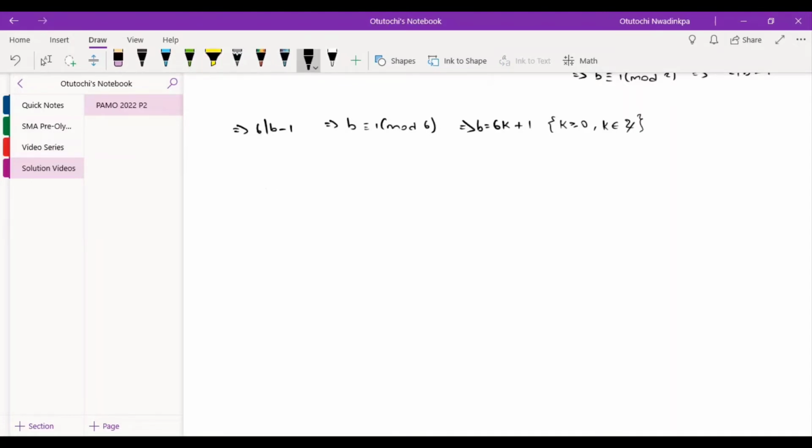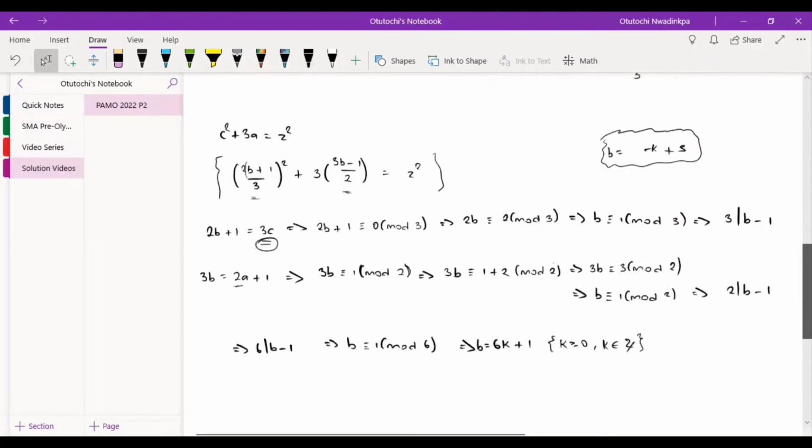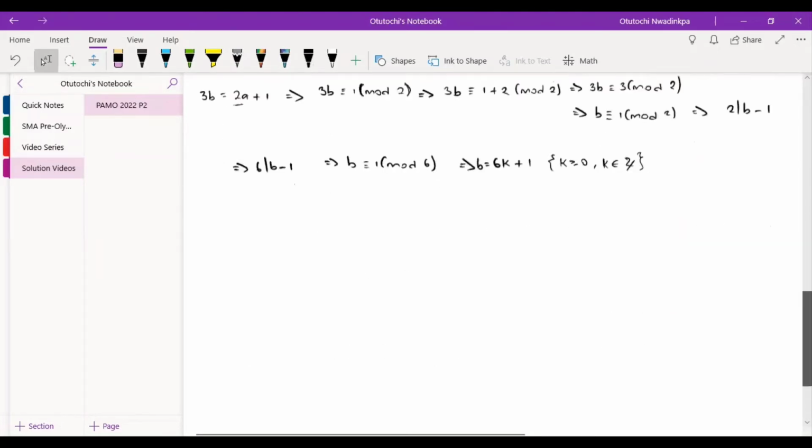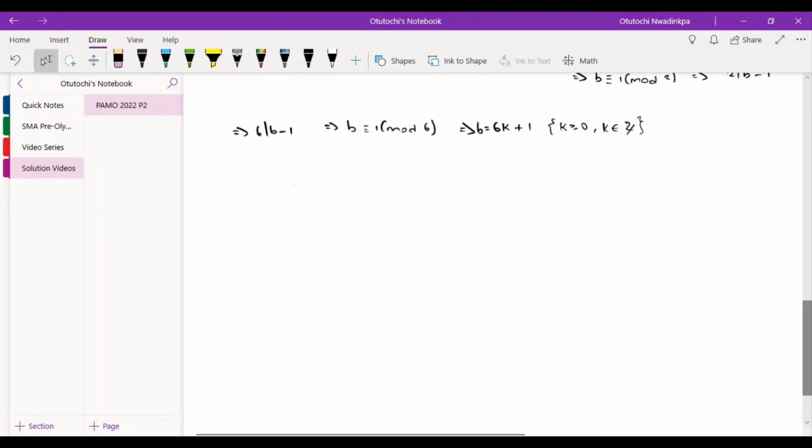Instead of plugging it in at once, since we have a in terms of b and c in terms of a, we can express a in terms of k and c in terms of k, and that will cancel out our fractions just fine, which is what we wanted. So it actually makes things more efficient. Remember, we are working towards efficiency now.